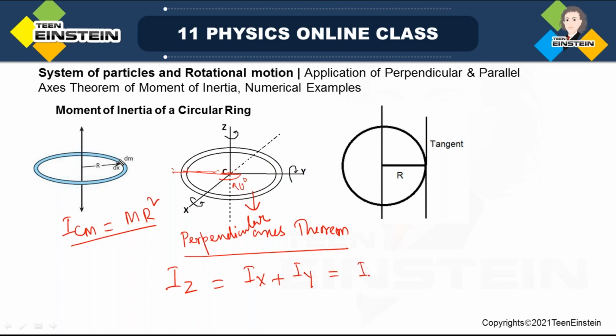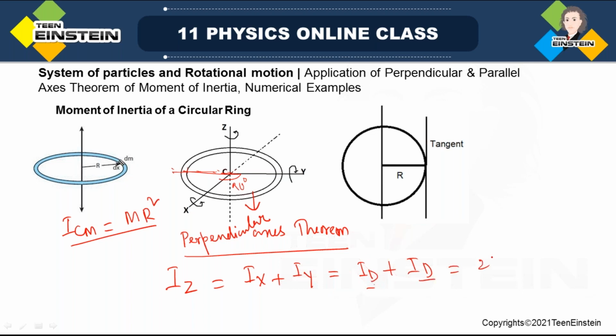If I take Ix and Iy to be Id, both will be Id. Moment of inertia about any diameter will be Id.